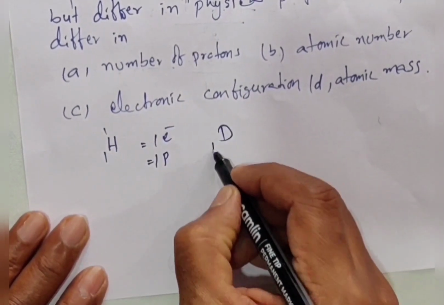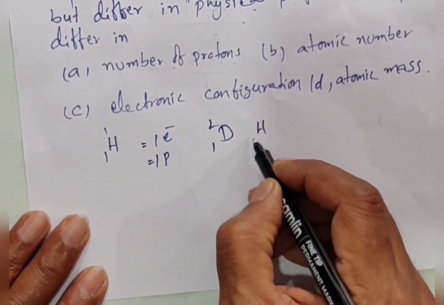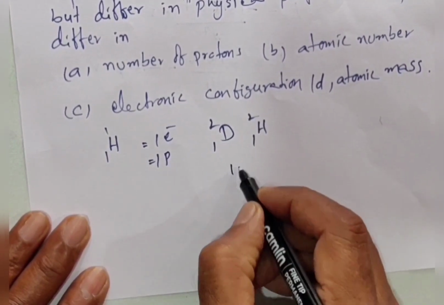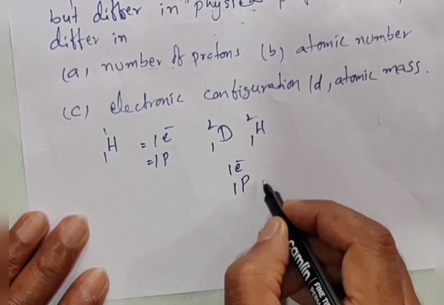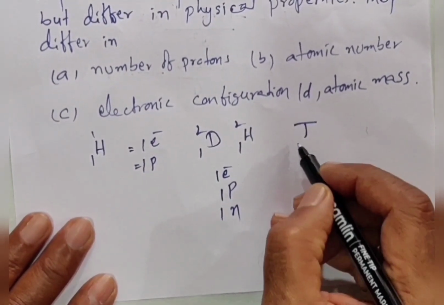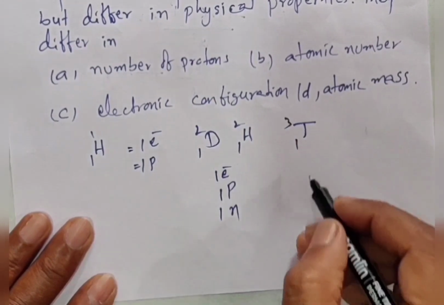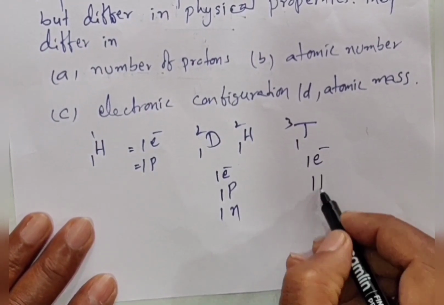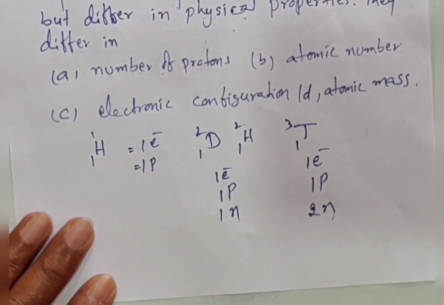Deuterium is heavy hydrogen, with 1 electron, 1 proton and 1 neutron. And tritium, the third, has 1 electron, 1 proton, 2 neutrons.